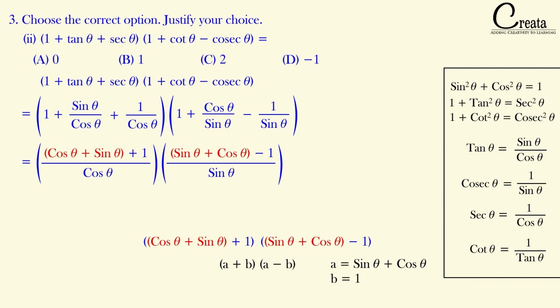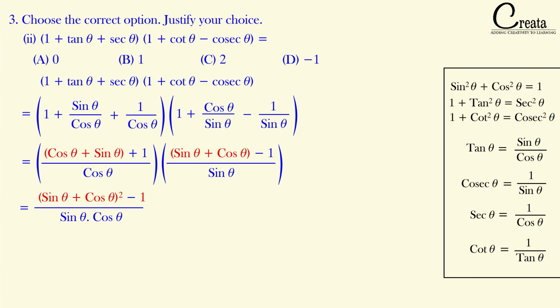So this is (a plus b) into (a minus b), which is a square minus b square. A is a complete term, sin theta plus cos theta. So a square will be (sin theta plus cos theta) whole square, minus b square. B is 1, so minus 1 square, that is 1.